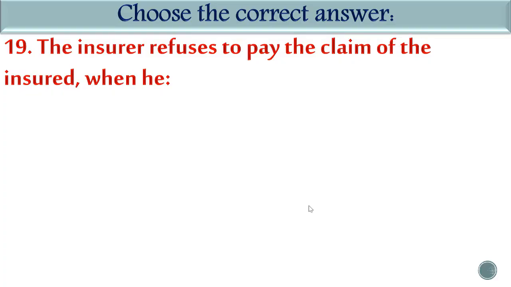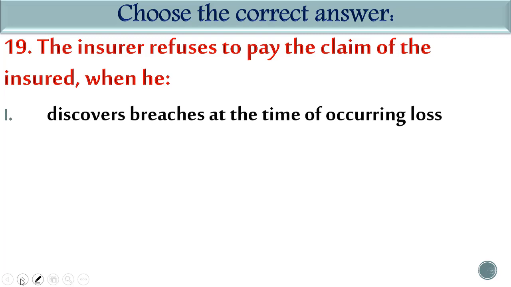Question number 90. The insurer refuses to pay the claim of the insured when he discovers breaches at the time of occurring loss. The consequences of breaching: when the duty of the utmost good faith is breached, the decision taken by the insurer relies on the timing of discovering the breach.